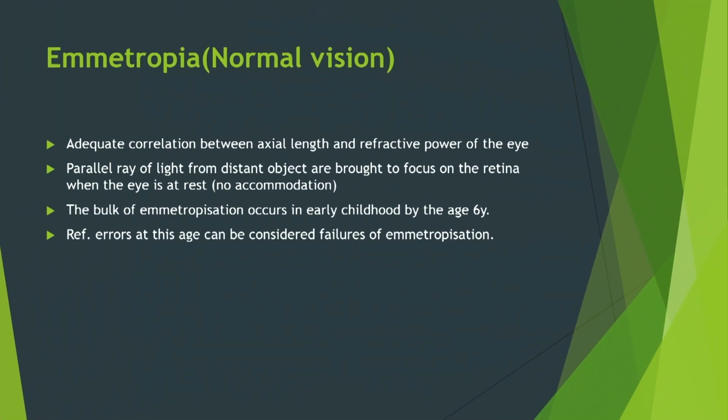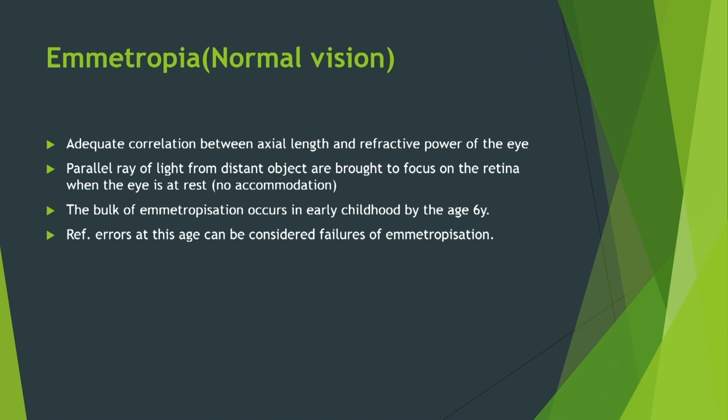I just want to touch on emmetropia, or normal vision, in children. When a child is born, every child is usually hypermetropic unless they have a congenital myopia or some other refractive error.